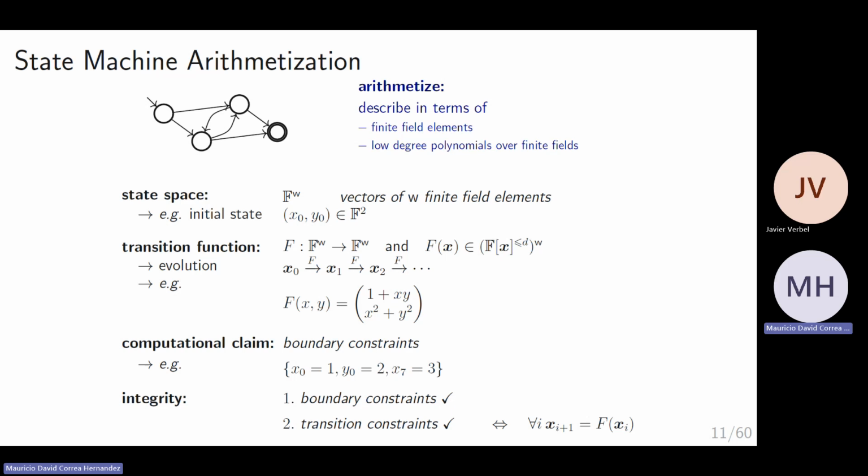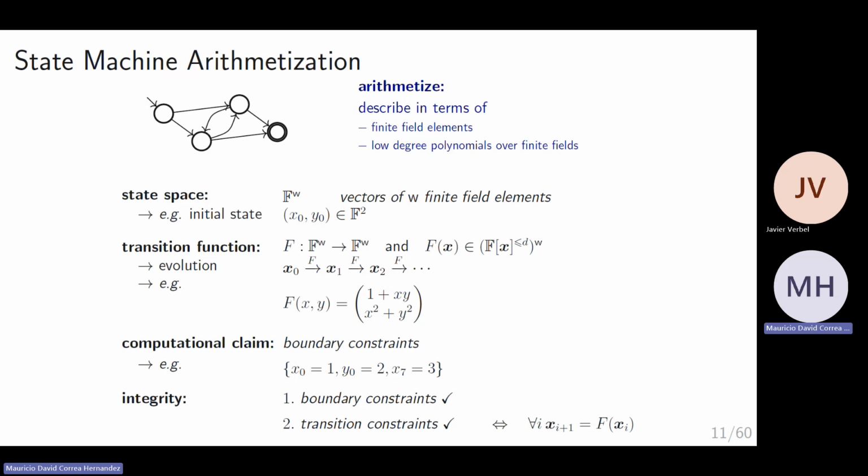Right, and then the last thing that we need is a definition of integrity. What does it mean for this claim to be true? Well, this claim is true if the boundary constraints are satisfied. The boundary constraints is literally the line above, the fixed values in the first state and the last state, and the transition constraints are satisfied, which means every consecutive pair of states satisfies the map given by the transition function.